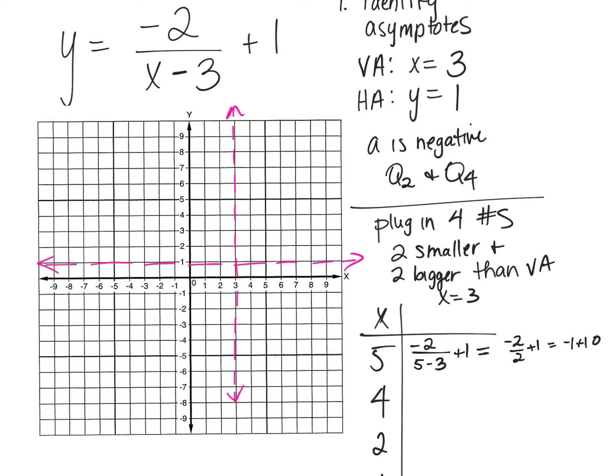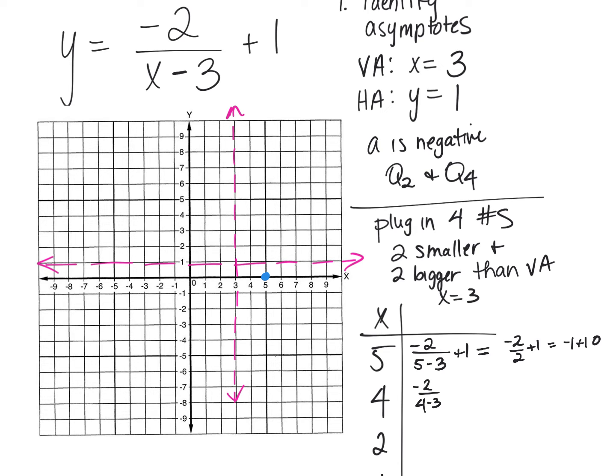Negative 1 plus 1 is 0. It's okay. I got 0. My asymptote's at 1. That's the number I can't get out. So I have 5, 0. Is that in the right quadrant? It's on the right side, quadrant 4? Yeah.